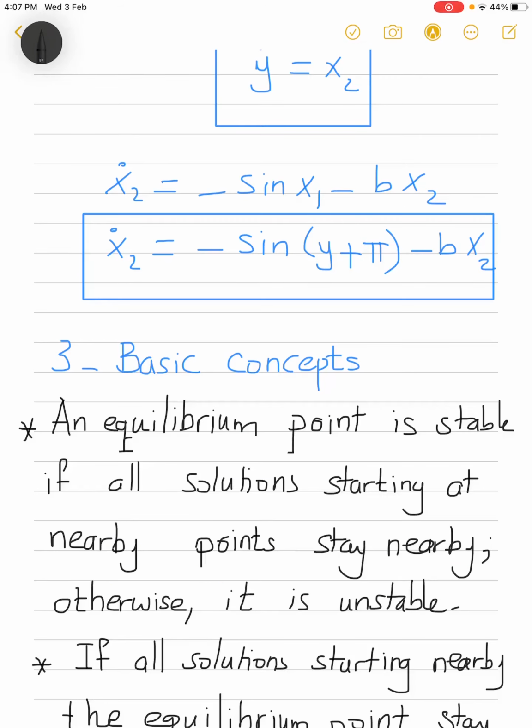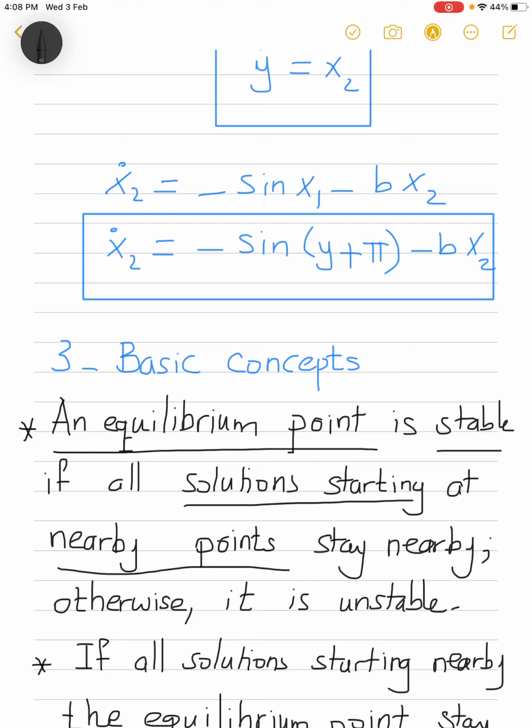So let us start talking about some of the basic concepts in defining the stability of equilibrium points. We say that an equilibrium point is stable if all solutions that start nearby the point will stay nearby.